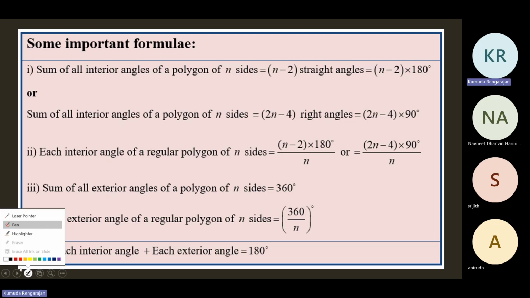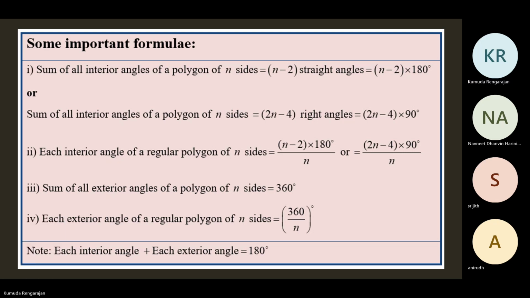So we have seen these formulae earlier. When we talk about polygons, we know that a polygon has, depending on the number of sides, an equal number of angles.